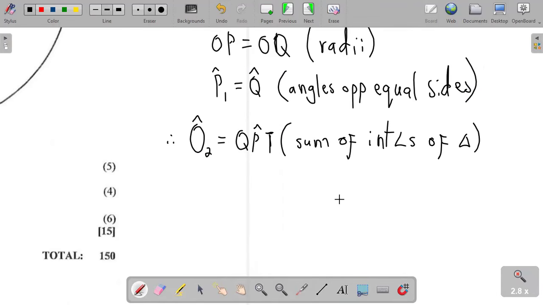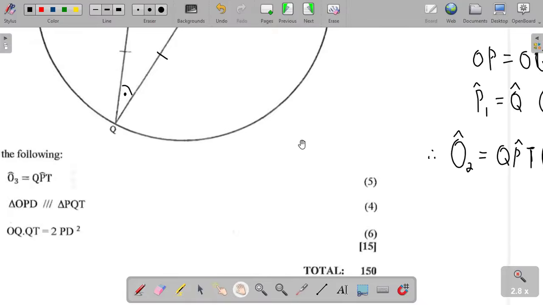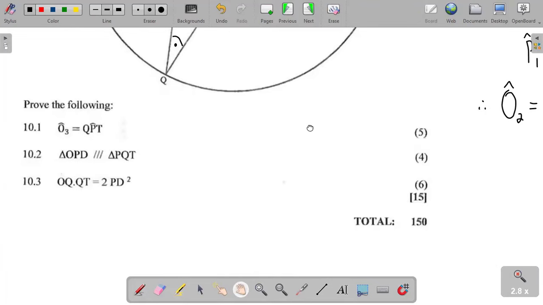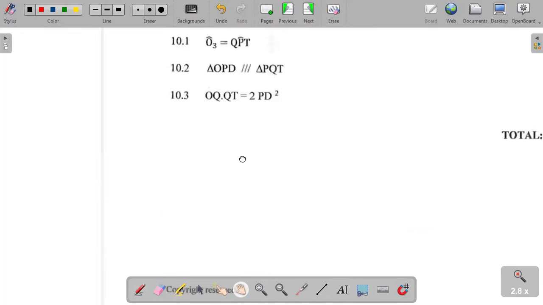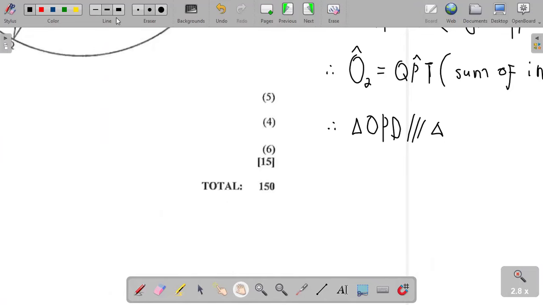So it means, therefore, if we've shown that they are all equal, triangle OPD is similar to triangle PQT. That's what it means.